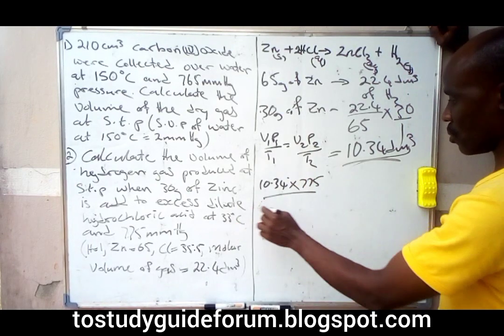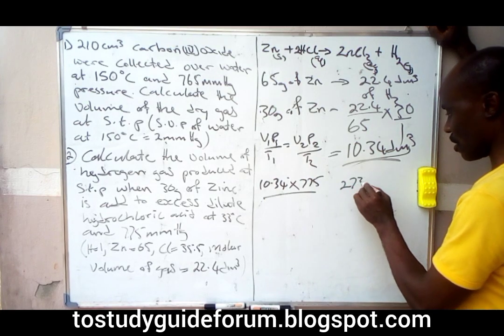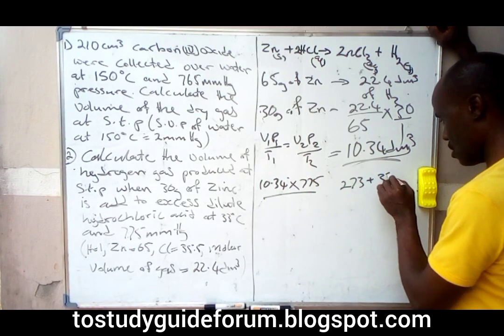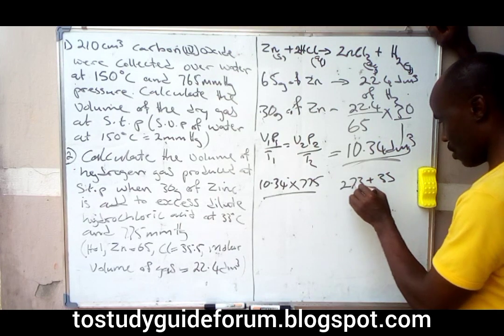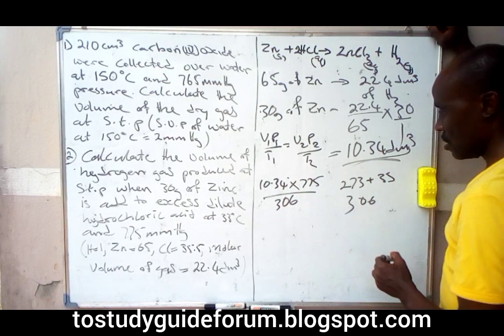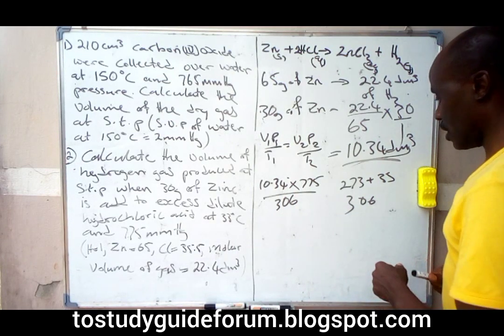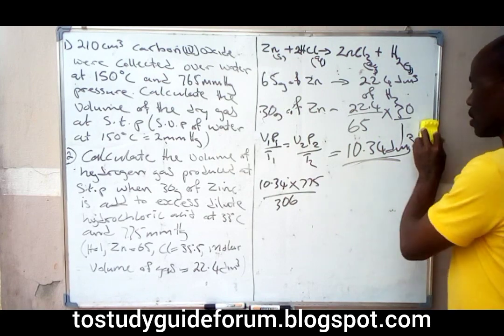Converting it to Kelvin, we add 273 to 33, which gives us 306. That is what we have.